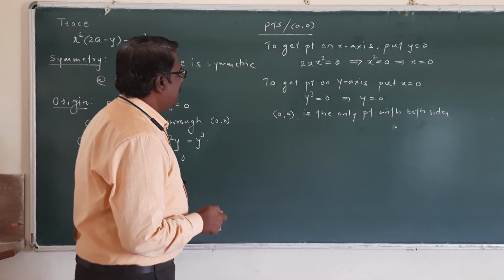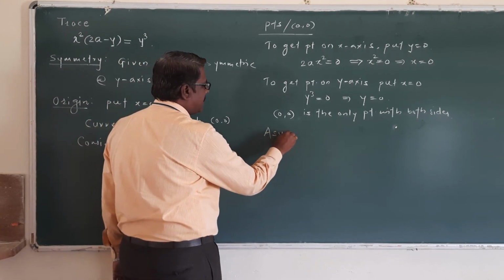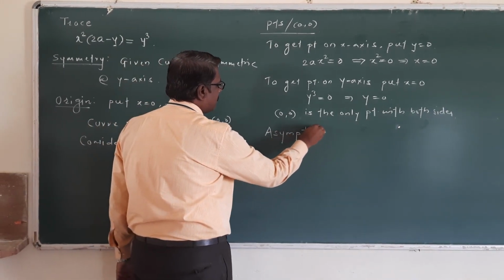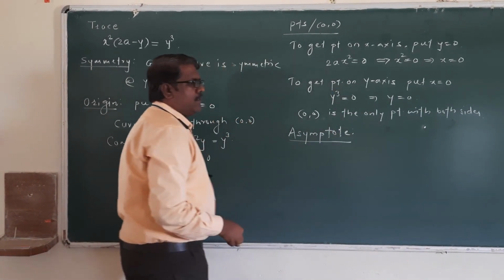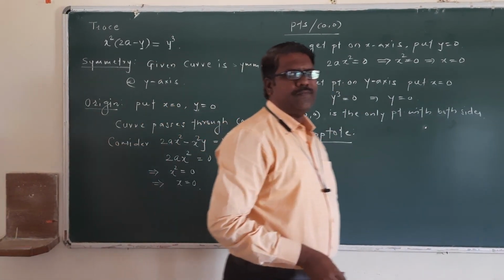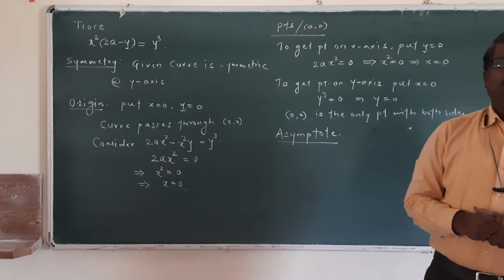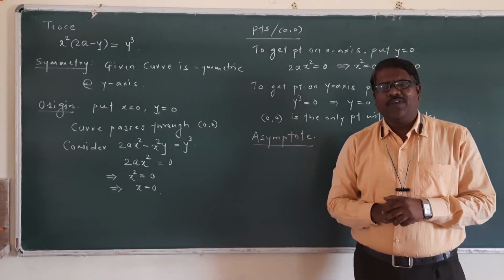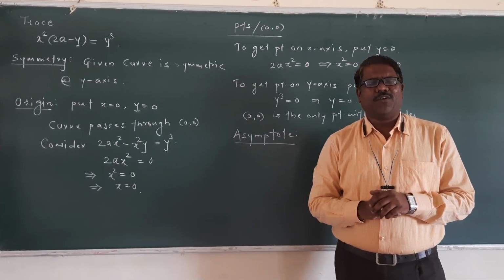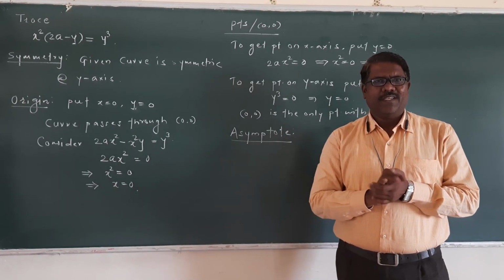Okay. Now the next point is asymptote. How to obtain asymptote? What is the exact procedure? The procedure is: to get an asymptote parallel to x-axis, equate the coefficient of the highest power of x to 0.